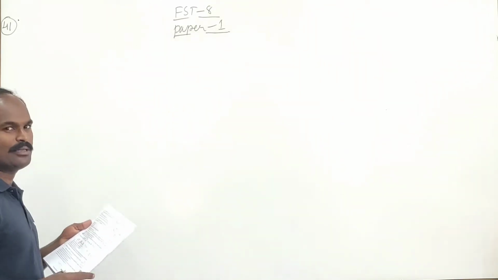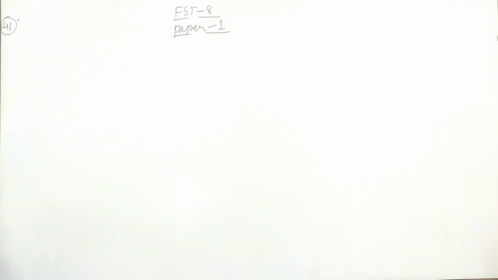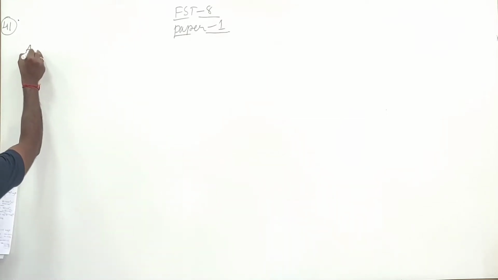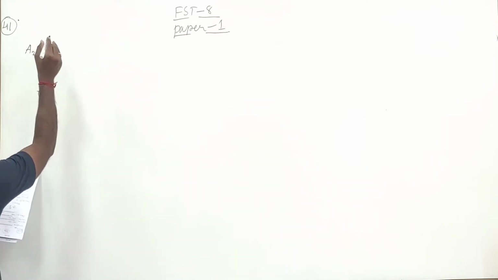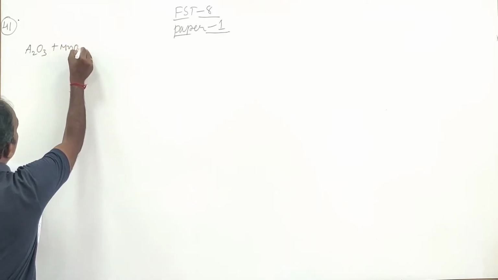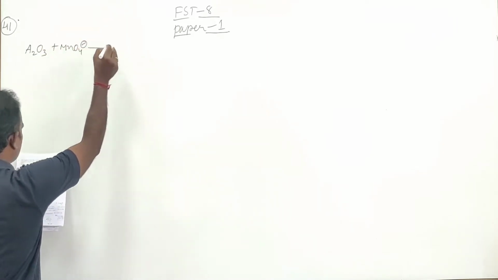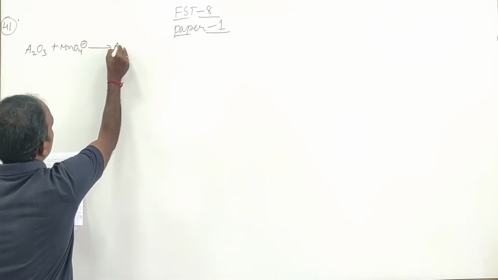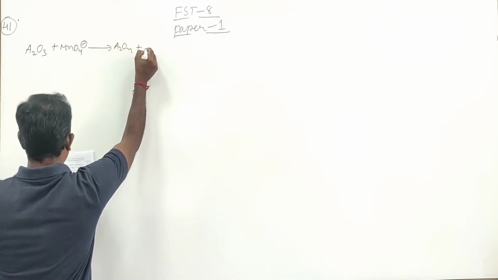It starts with question number 41. A2ON is oxidized to AO3 minus by MnO4 minus. When A2ON reacts with MnO4 minus, it is converted into AO3 minus. Obviously, in which medium?